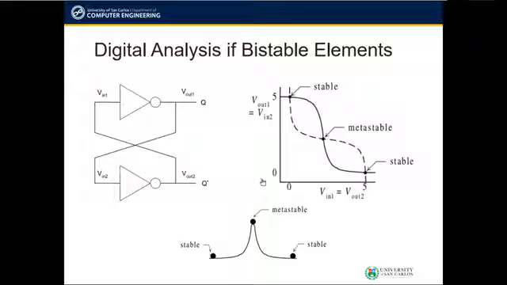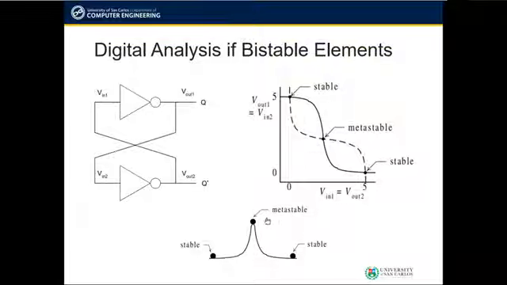Here we can see that overall, these kinds of circuits may go through a metastable state, which is a state that is neither of the two stable states, 1 or 0. They go through the state when shifting from one stable state to another.